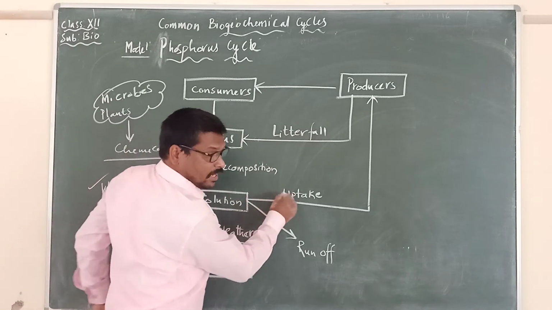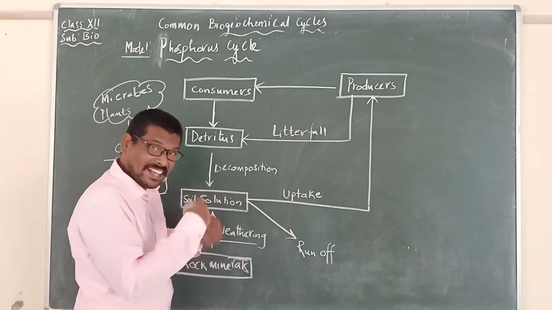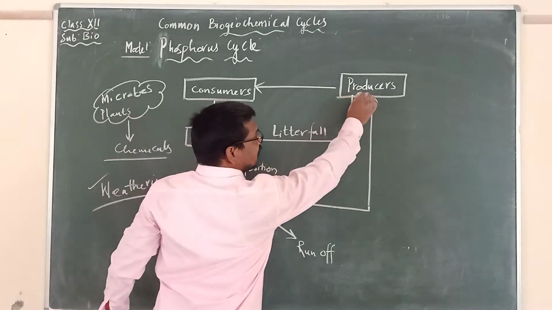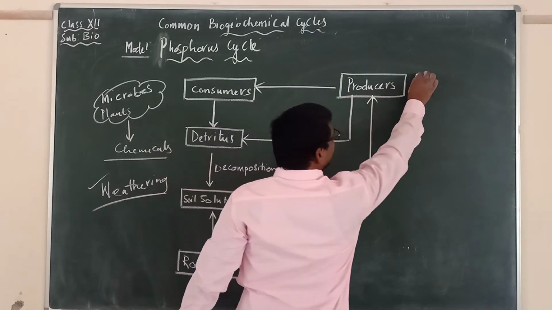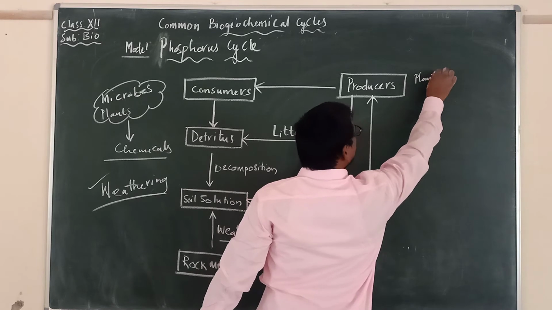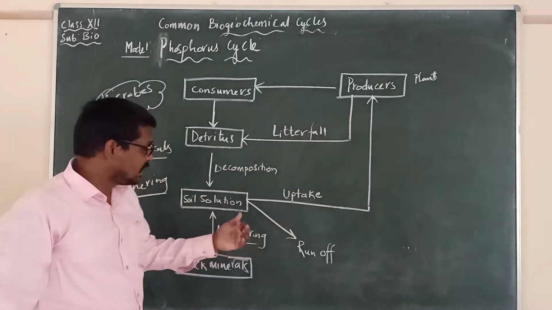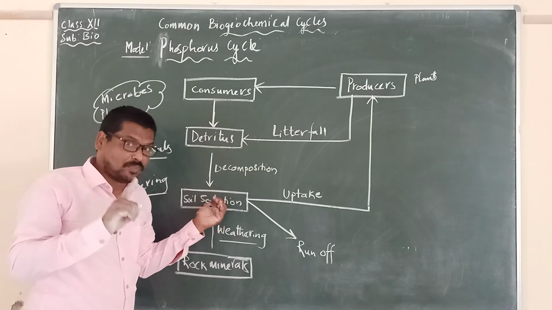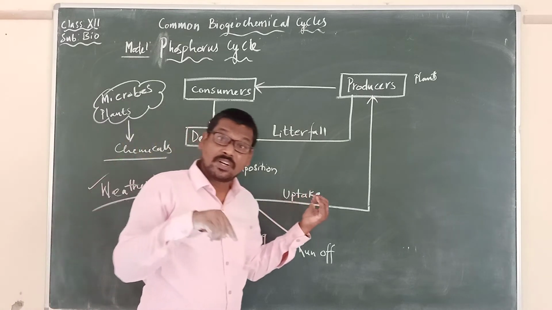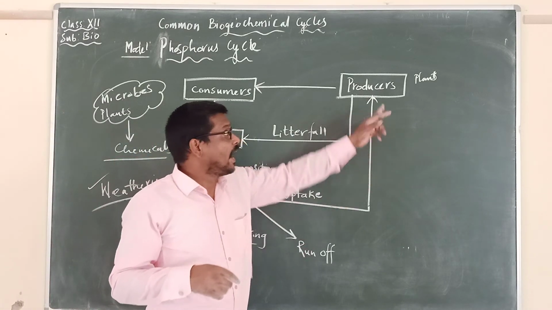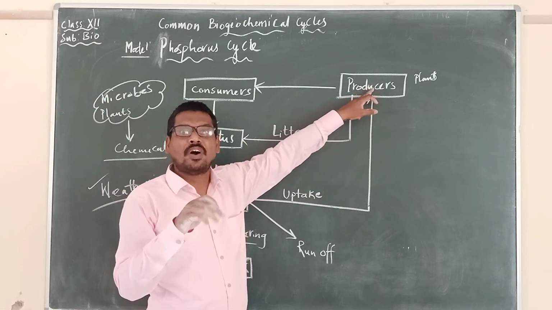So it is taken by the producers, which are nothing but the plants. Producers are acting upon that insoluble phosphate, absorbing it, and converting it into organic form.